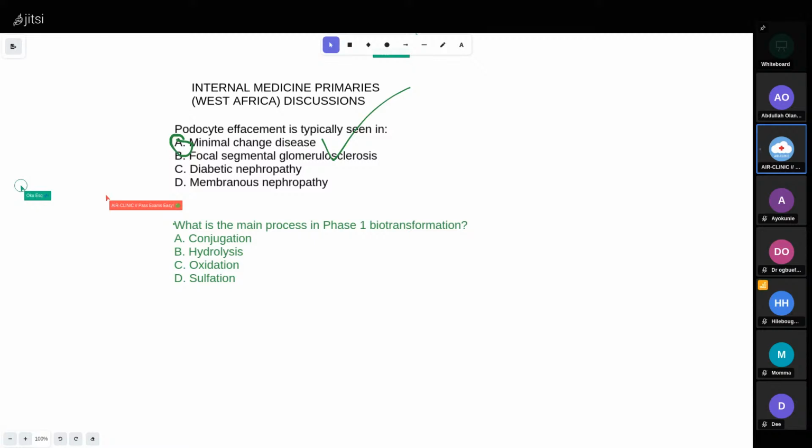I've posted it properly in the chat. Option C. Oxidation. Huh? Option C. Oxidation. Well, I can't hear you. Either you're using microphone, you can type actually. There's a chat box. Okay. Yeah, oxidation.